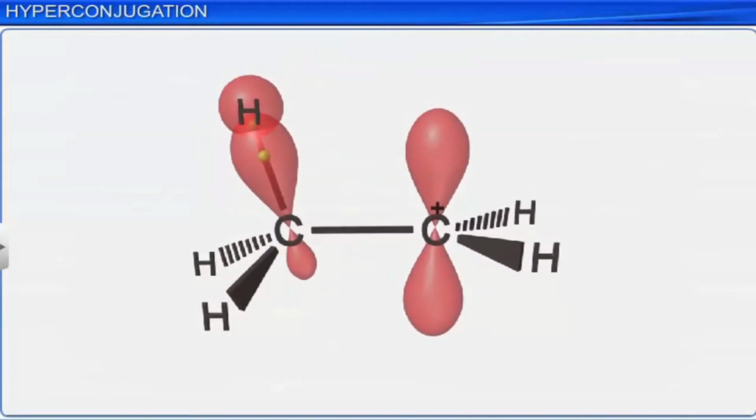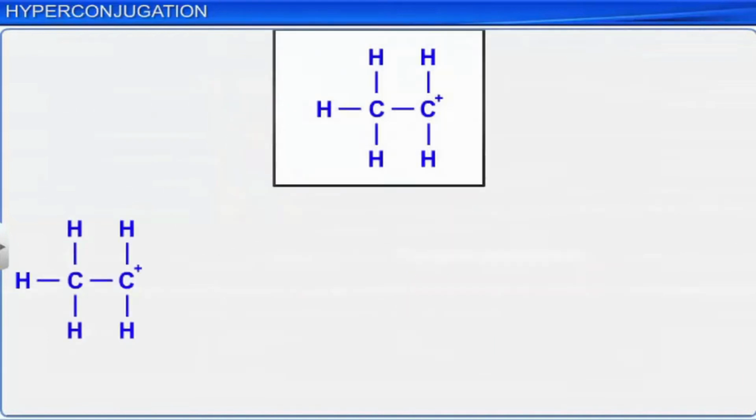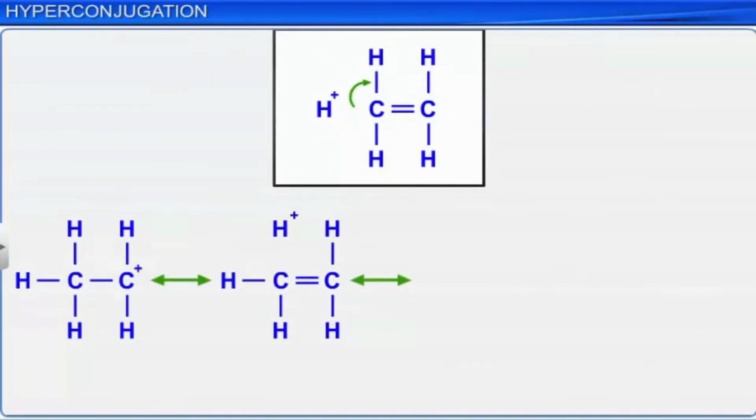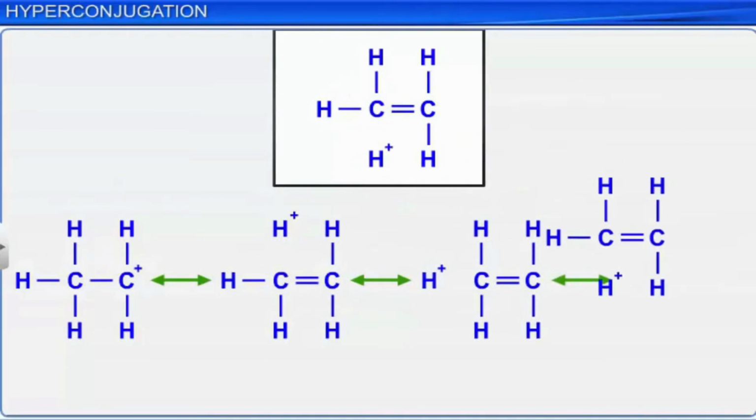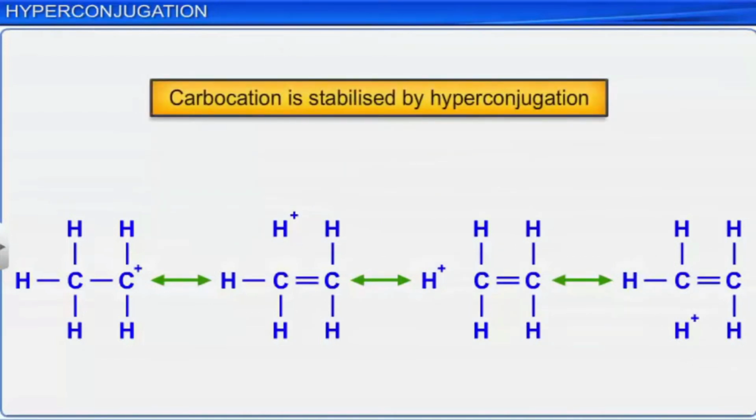The electrons of this carbon-hydrogen sigma bond then get delocalized into the empty p orbital as shown here. In carbocations, this delocalization of electrons helps in dispersing the positive charge on the carbocation to the adjacent atoms and stabilizes it. Thus, the carbocation is stabilized by hyperconjugation.